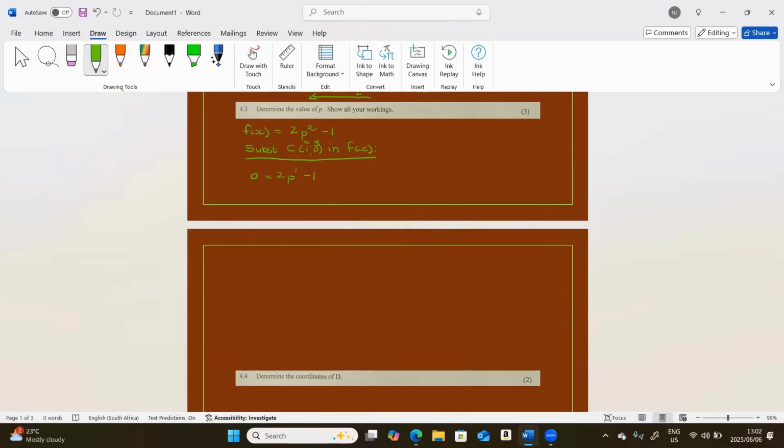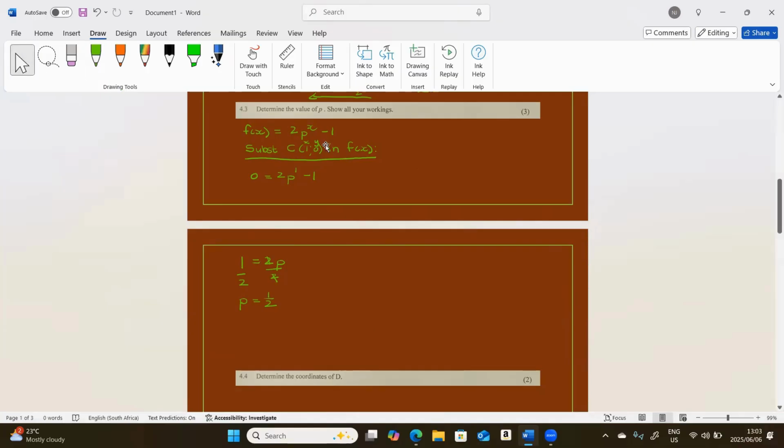So that means we have positive 1 on the left-hand side equals 2p, and then to isolate p, we just divide by 2, and we divide by 2, and obviously the answer for p is then a half. Okay, so that is how you get the value for p. So it's not that difficult, guys.